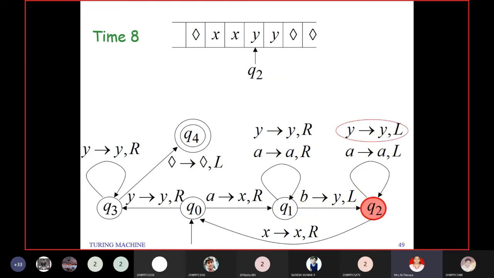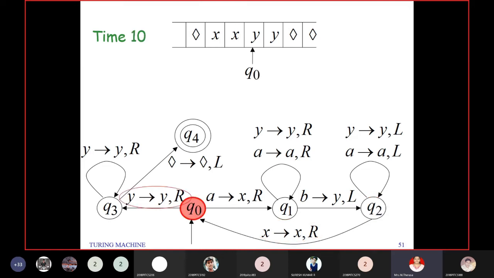And when you are in Q2, when you read Y, you have to move backward. When you read X in state Q2, what you are supposed to do, you have to move forward.